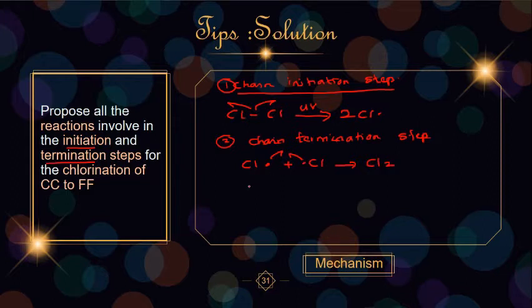Another one is from the propagation step. Actually, if you follow the propagation step, you use CH3. So from the CH3 it will actually get CH2Cl. They replace one of the hydrogens with Cl. So what is another free radical that you can form from here?